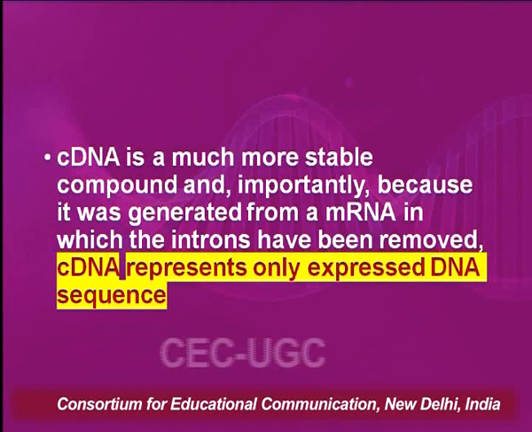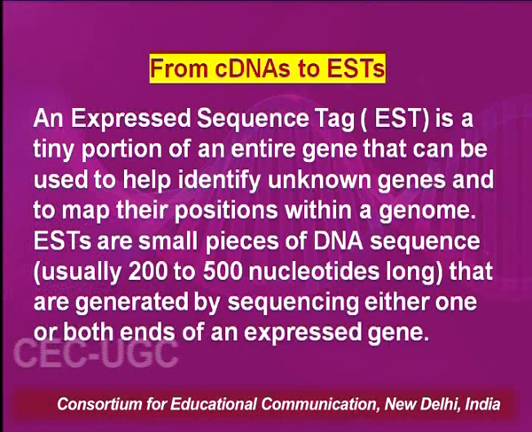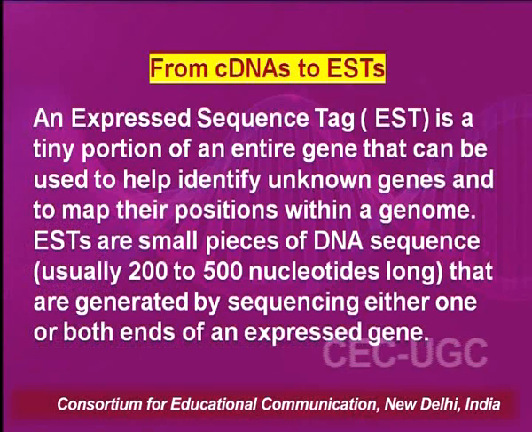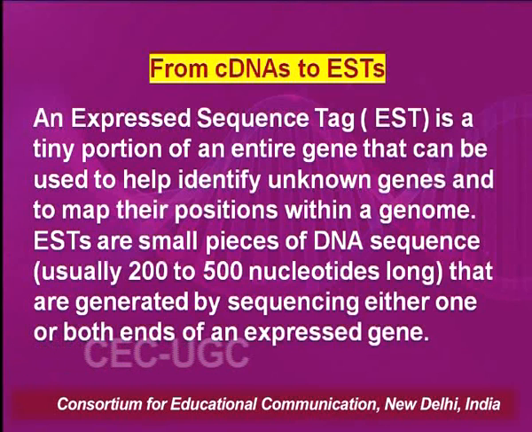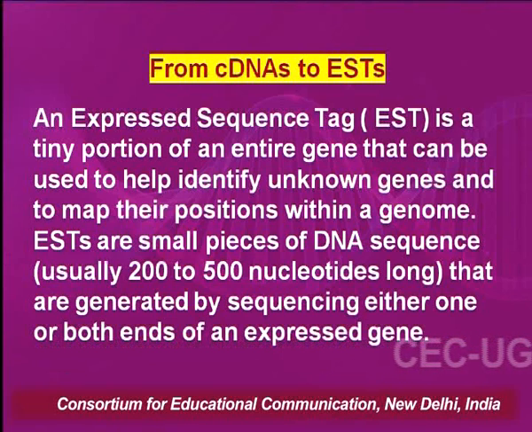This cDNA is important for the study of gene expression in one more way, because it contains the ESTs. What is an EST? EST is expressed sequence tag. An expressed sequence tag is a tiny portion of an entire gene that can be used to help identify unknown genes and to map their position within a genome.